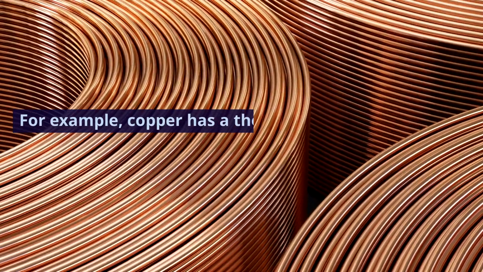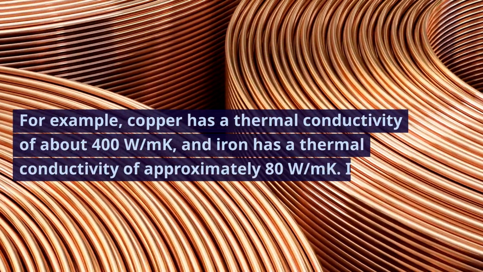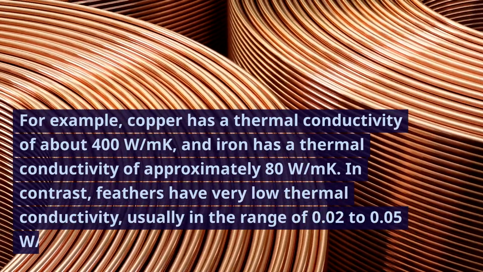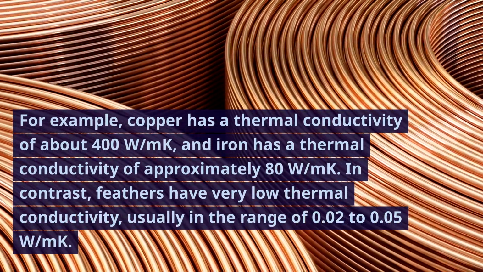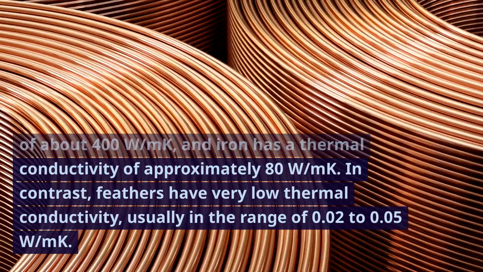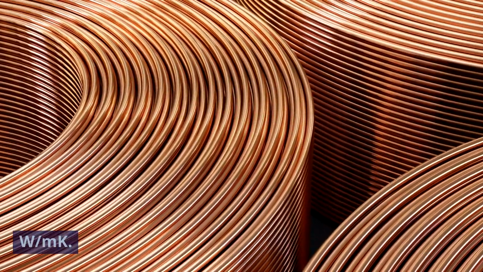For example, copper has a thermal conductivity of about 400 W/mK, and iron has a thermal conductivity of approximately 80 W/mK. In contrast, feathers have very low thermal conductivity, usually in the range of 0.02 to 0.05 W/mK.